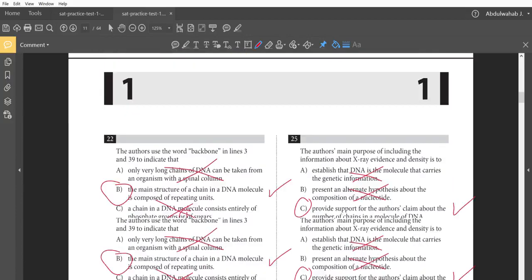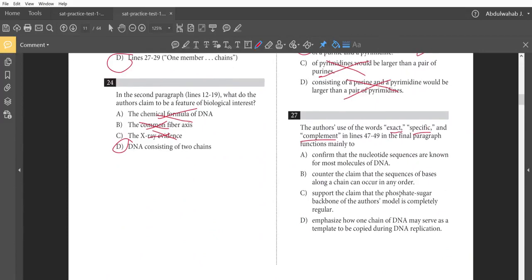So let's go back down. So this information suggests that, mainly functions to do what? Confirm that the nucleotide sequences are known for most molecules of DNA. Well, again, this is not what the text said.